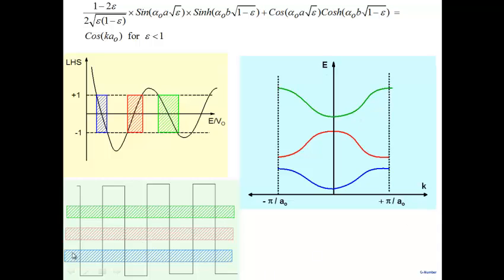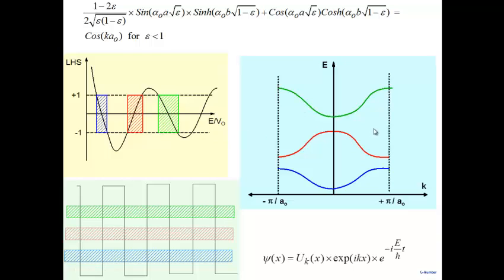This other picture is the band simply represented in the spatial domain, saying I have a band. Note that in this case the x direction is the spatial coordinate. They're simply showing there's a band here, and a band here, and a band here. So this is in the energy versus x domain, and this is in the energy versus momentum space domain. This is how my bands look. So I get a series of bands that you see here.